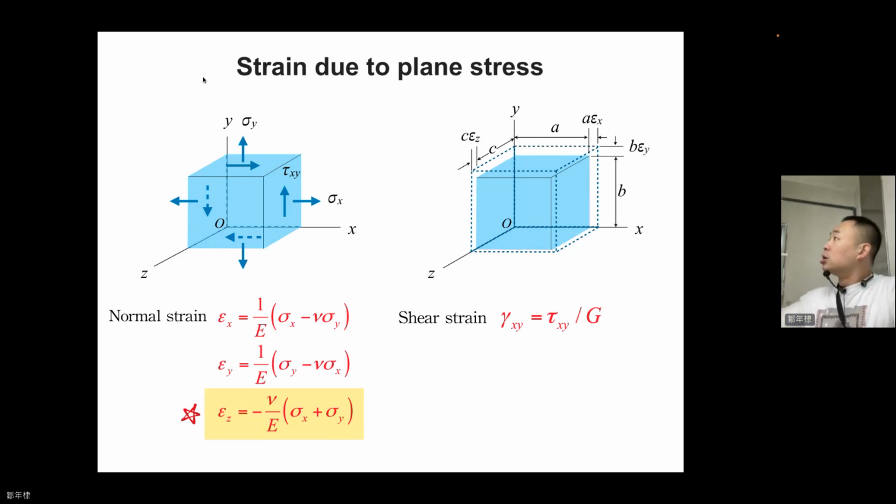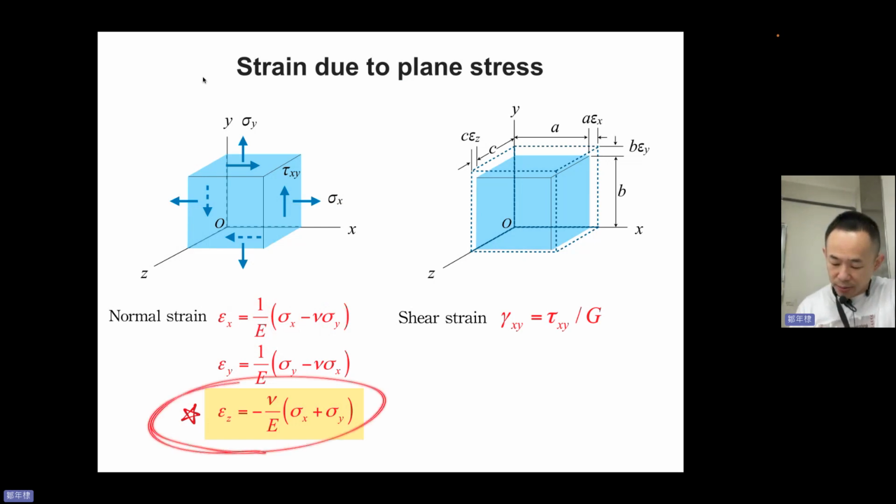No. Plane stress means no stress in z direction. We didn't say strain z is 0. So you see epsilon z is non-zero because of the Poisson ratio due to sigma y, sigma x. So be careful about this, all right? Don't mix it up.